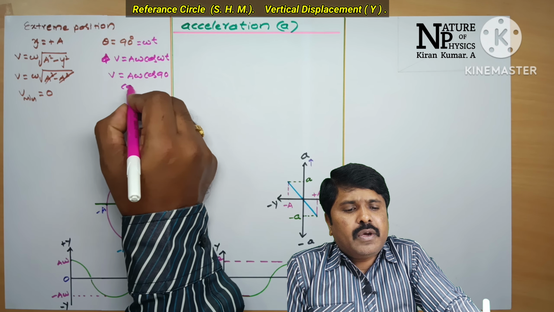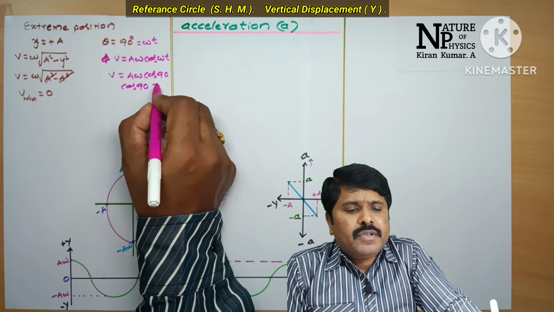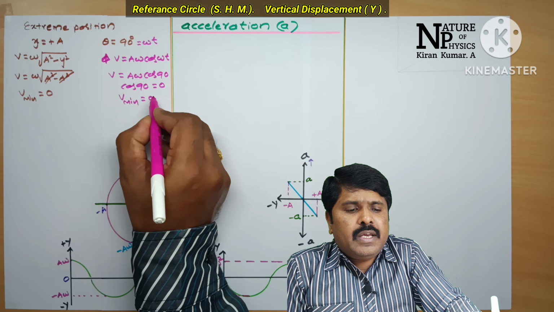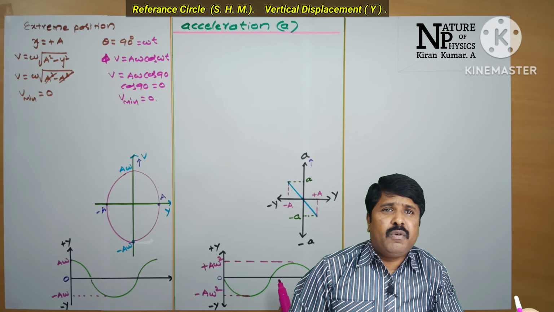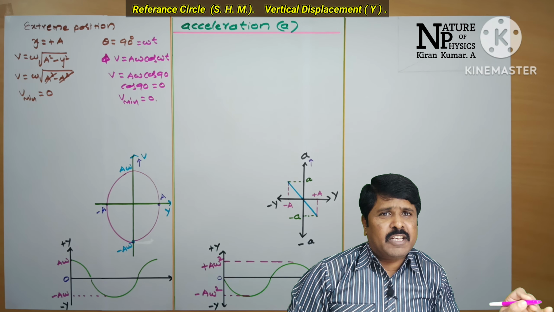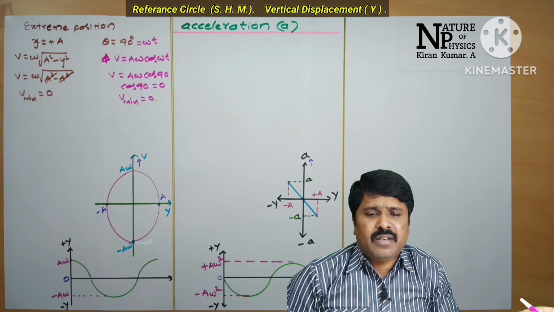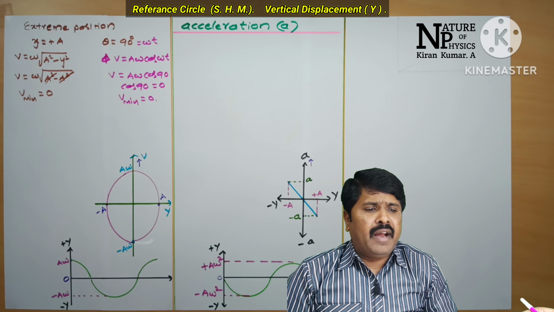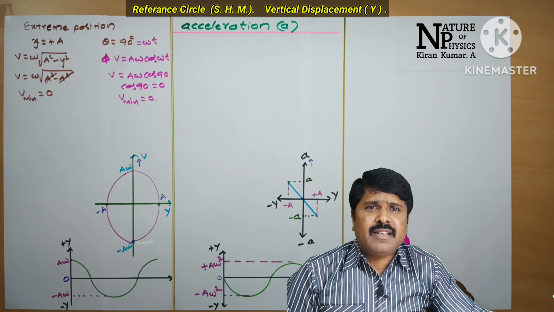Cos 90 is equal to 0, 0 into anything is 0, so velocity again is 0. Both comparisons are clearly explained to you students. Okay, so the extreme position is completed. Next we will have the acceleration.